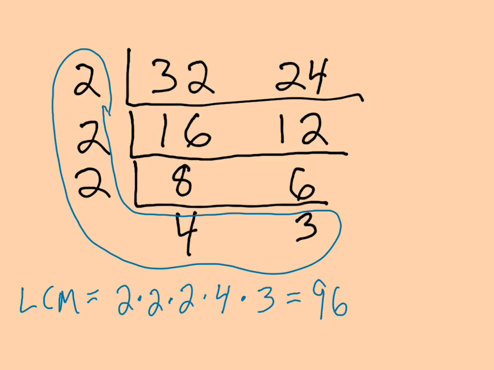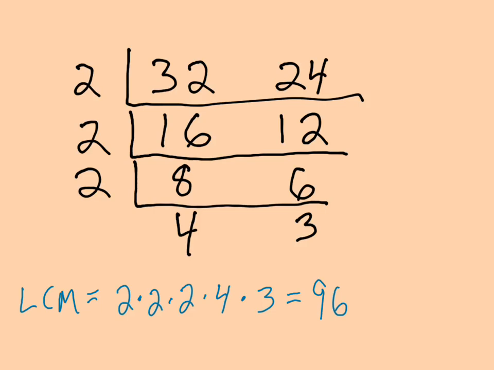And this next part is going to be really, really important. Let me get rid of this little loop. The really cool thing, and this is really important, is 96. The way we get from 32 to 96 is we multiply 32 times 3. Do you see how I look diagonally across?